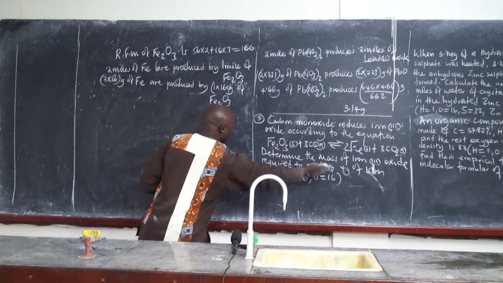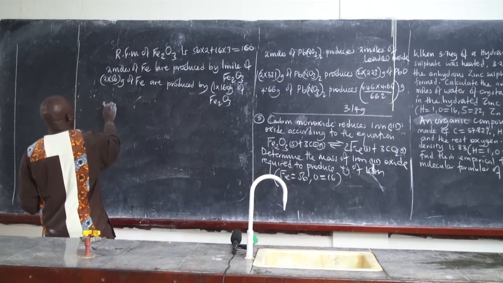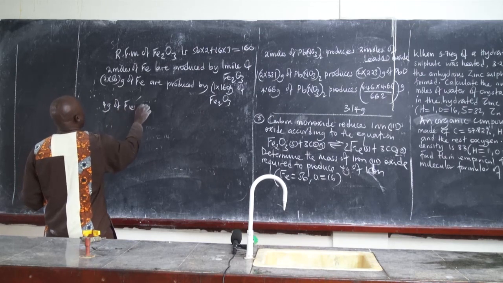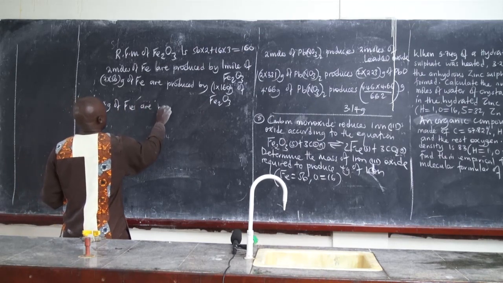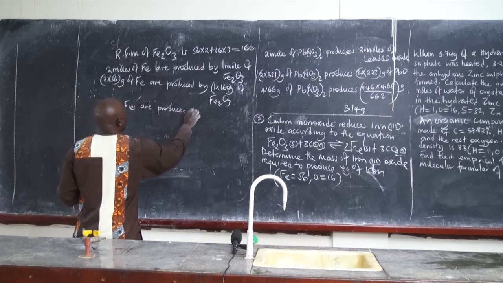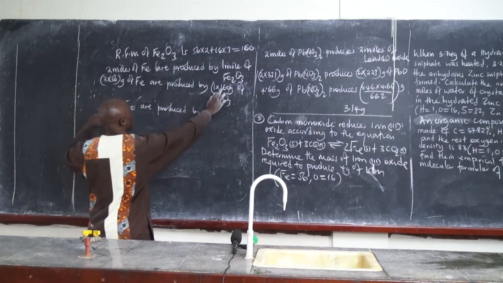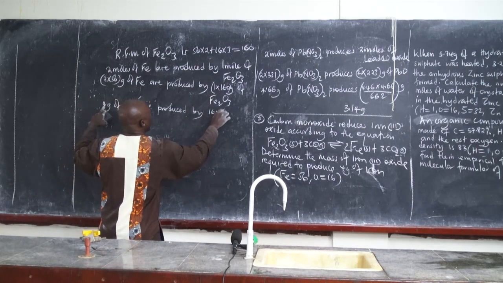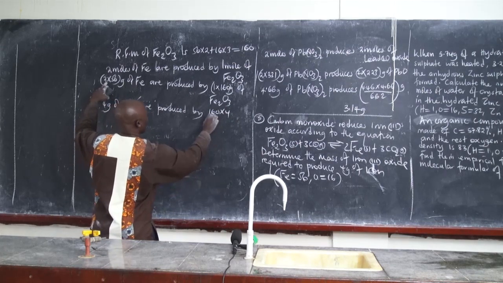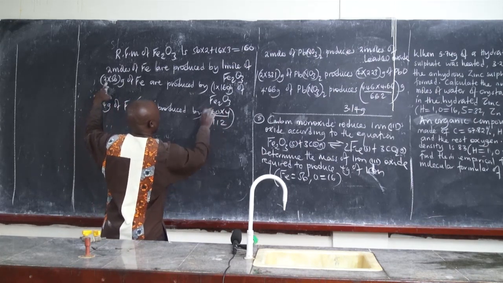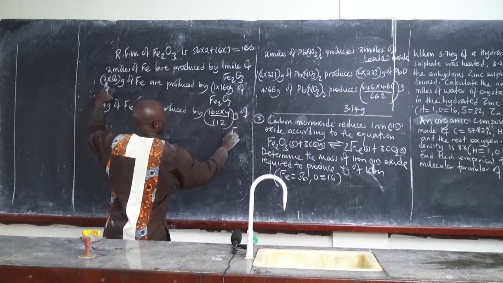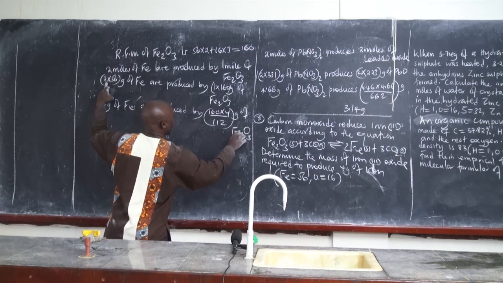Now for the mass given as 4 grams of iron: 4 grams of iron are produced by, let's multiply 4 times 160 divided by 56 times 2, which is 112 grams of iron(III) oxide.